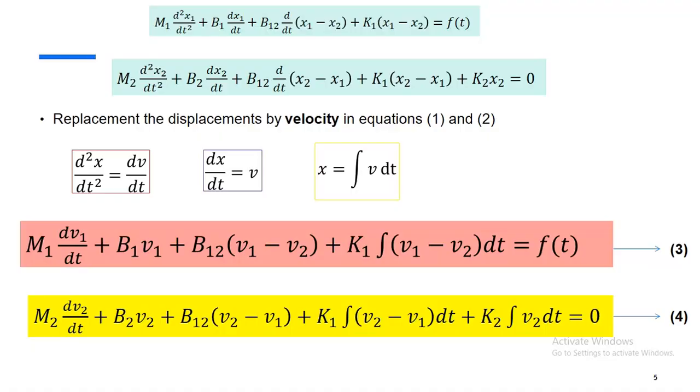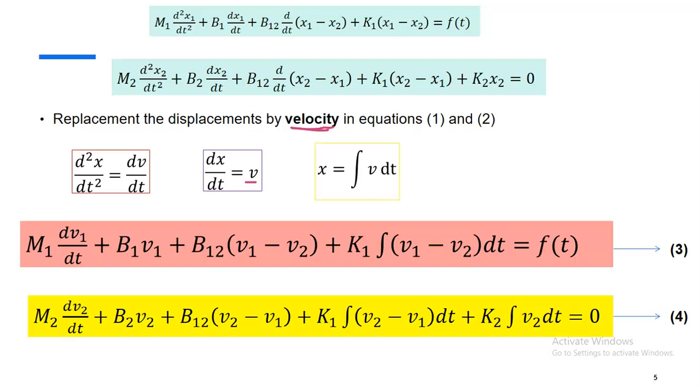In this particular step, we are going to replace the displacement by velocities. So we will be replacing the displacement by velocities in equations 1 and 2. All the displacements we are representing in terms of velocity. Acceleration d square x by dt square is the first derivative of velocity. Dx by dt is nothing but velocity. X is integral v dt.